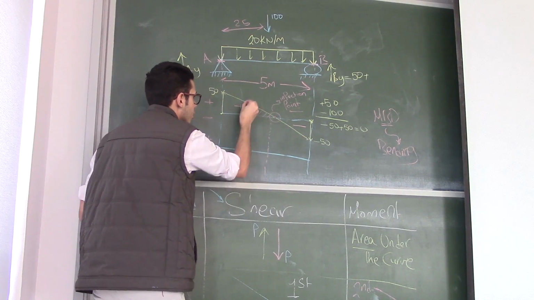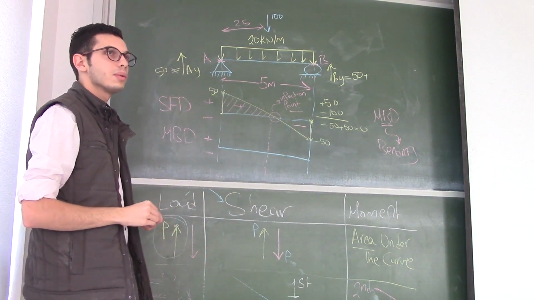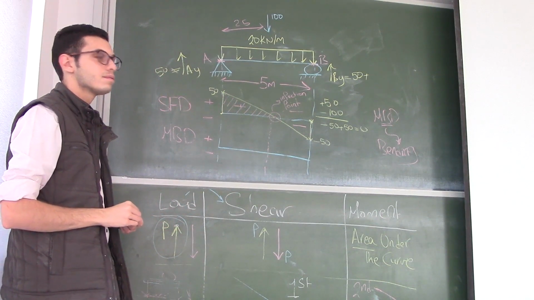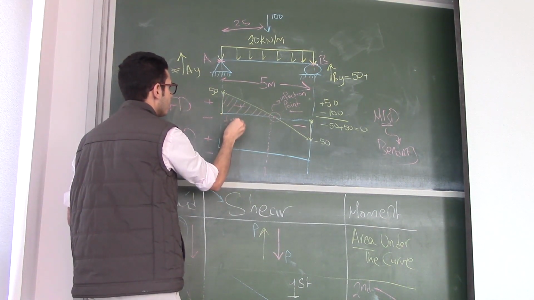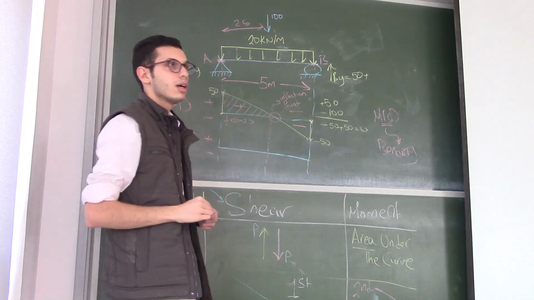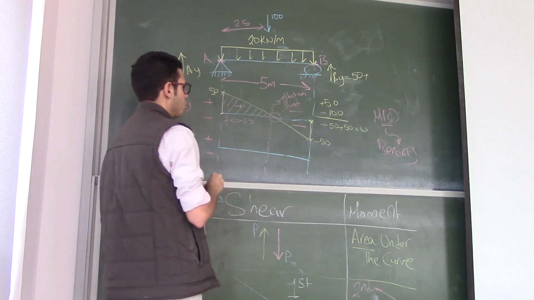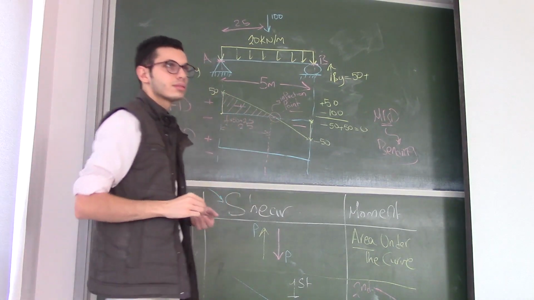This one. Can anyone tell me what is the area of this one? Yes, tell me. Half multiplied by 50 multiplied by 2.5. Okay. But the question is, how do you know that this distance is 2.5?